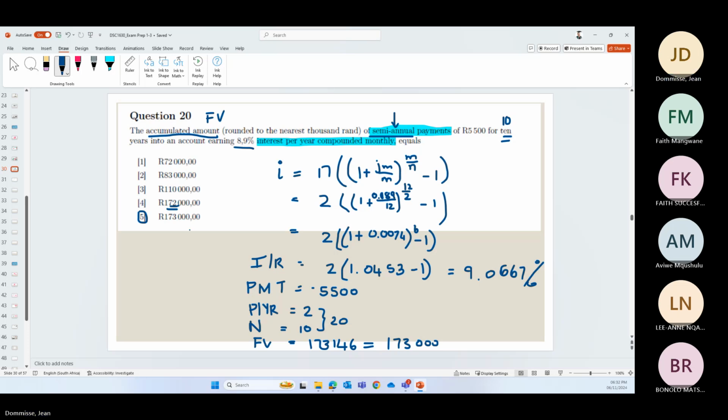Okay, so this one was different, where we first needed to change our interest rate because we are working here with different periods. Our interest rate was a monthly interest rate versus our payments that were semi-annually.